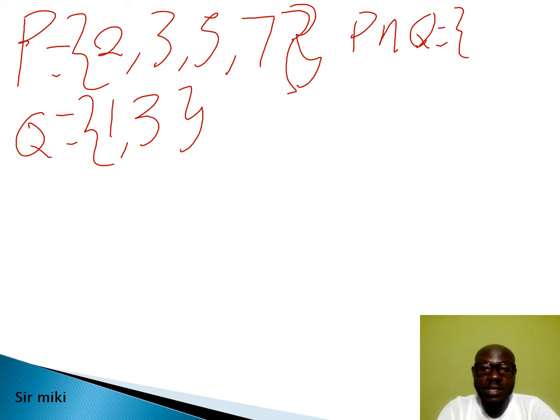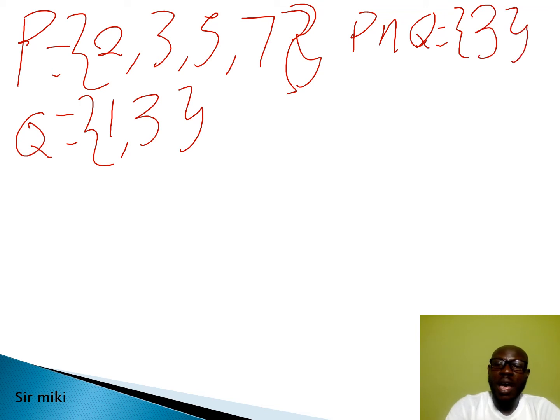Then if we take set Q, we have 1 and 3. So the elements found in both sets, we will have only 3. And this defines a unit set. So P intersection Q will give us a unit set. When we say unit set, we explained earlier on that unit sets are sets with only one member.